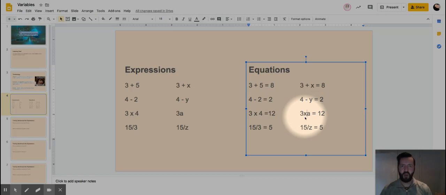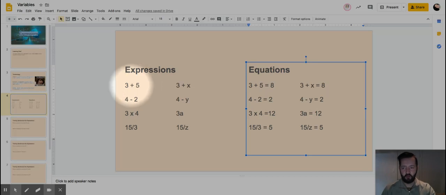And so mathematicians all around the world just agreed that whenever we're multiplying a number and a letter together, you don't have to put a multiplication sign between them. You just put the number and the letter together, and then we automatically know to multiply it. And then down here as well, 15 divided by z. So those are all equations, what different equations may look like. Whereas expressions, you'll notice they're all missing one thing. None of them have an equal sign.